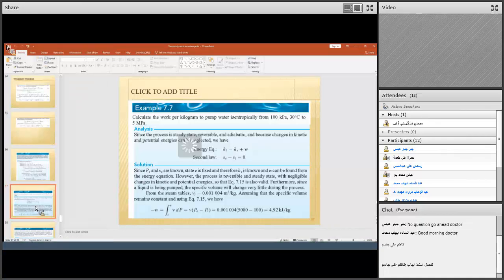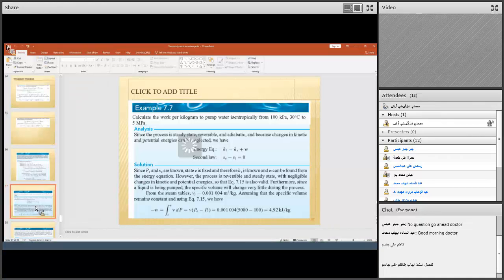This water pump is considered a steady state, reversible, and adiabatic process. Why reversible and adiabatic? Due to the isentropic nature of the water pump. So we neglect the change in kinetic energy and potential energy. We have only one inlet and one outlet.